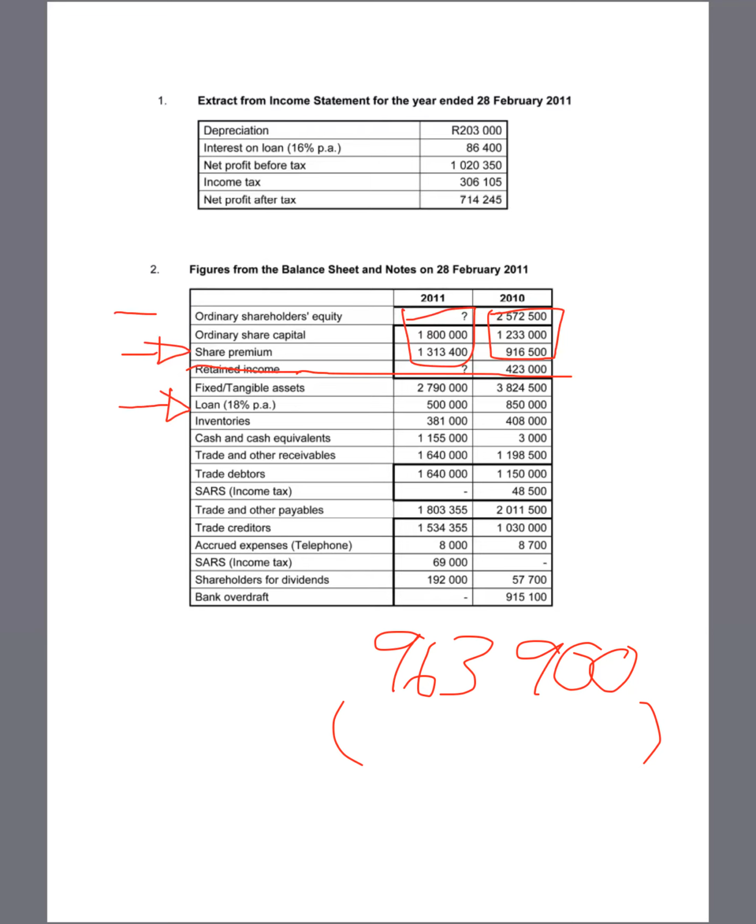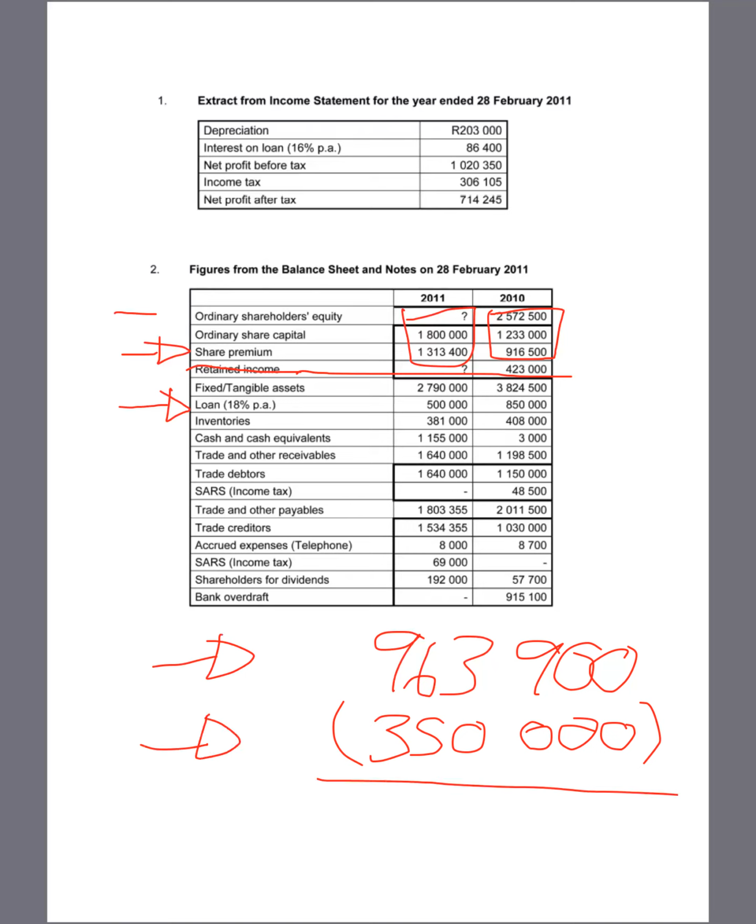What do you get? 850,000 minus 500,000. It's 350,000. So you're going to take your proceeds of your shares issued and you're going to minus your payment of the long-term loan.